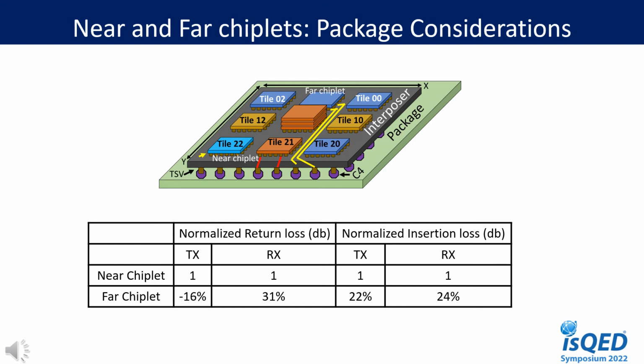For a distance of around 20 millimeter long routings, we observe anywhere from 16% to 30% variation with respect to return loss and insertion loss as compared to an IO routing between the nearest chiplet to the package pins. So these things need to be considered while coming up with package layout and package routing channels.